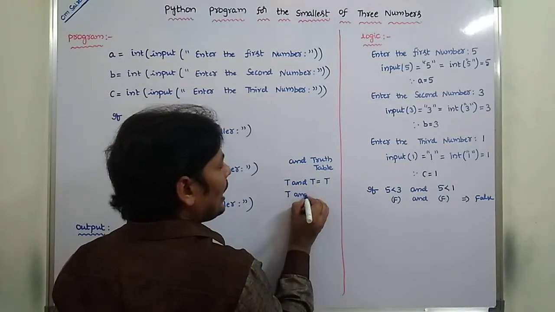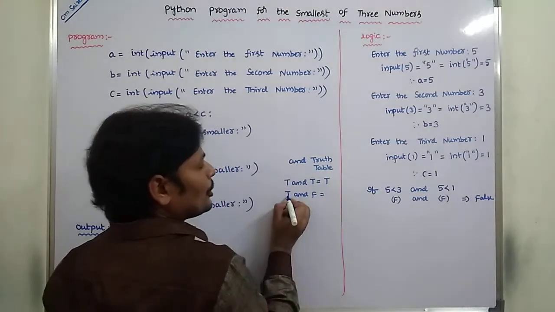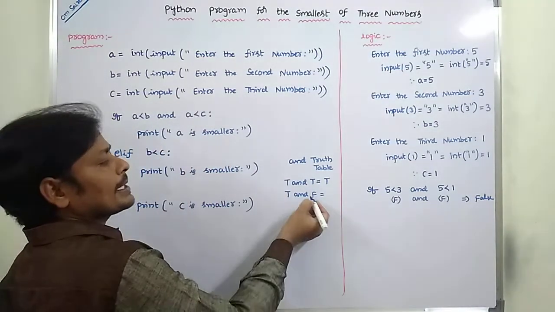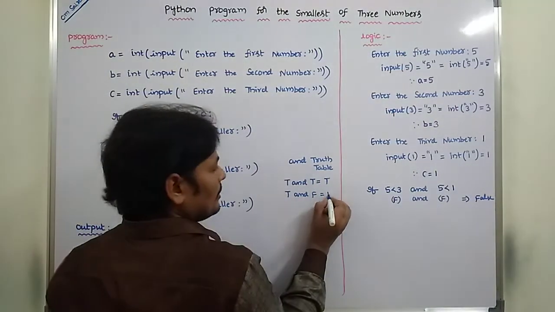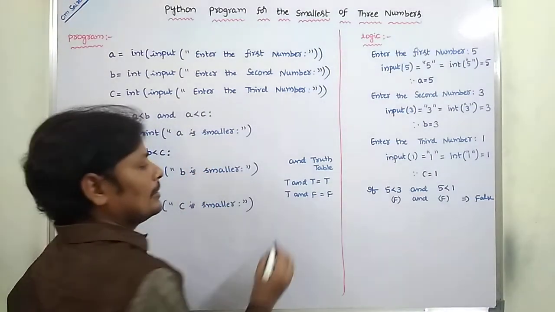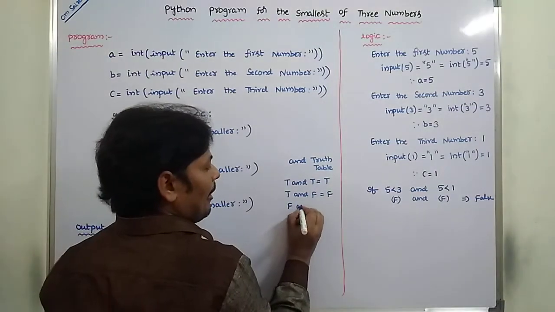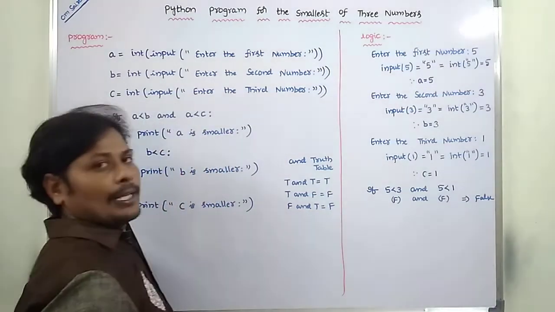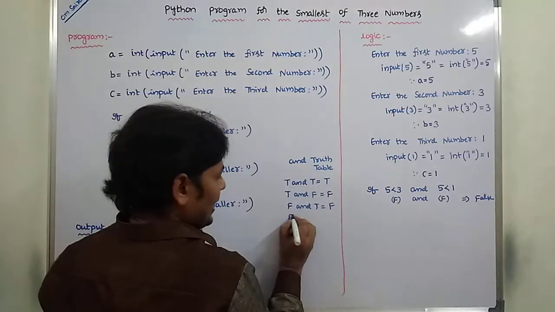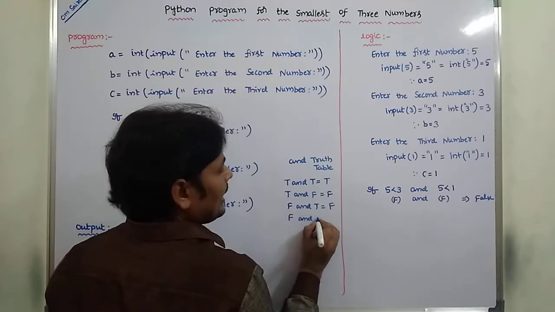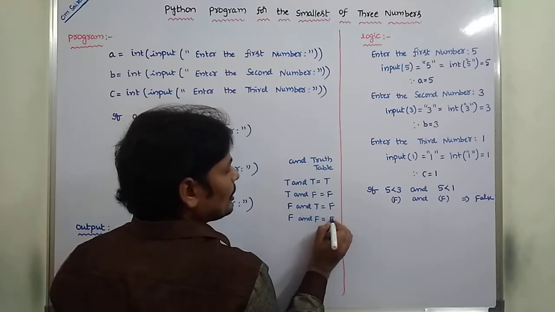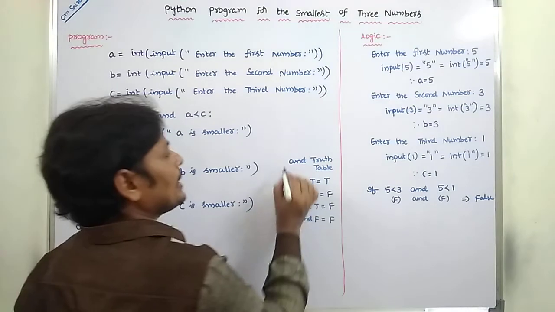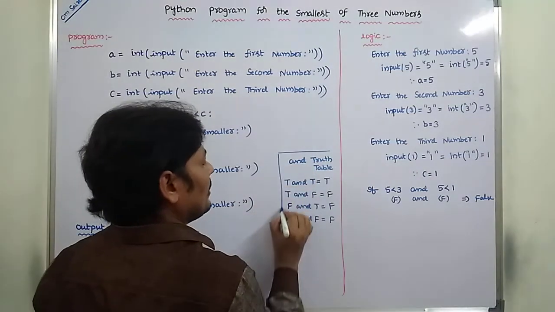Next, true and false: the first expression is true, the second is false, so the total is false. Next, false and true, again false. Next, false and false, then the total is false. So this is the AND truth table.